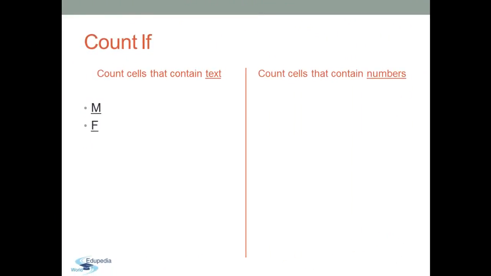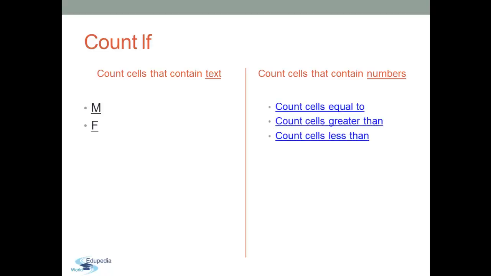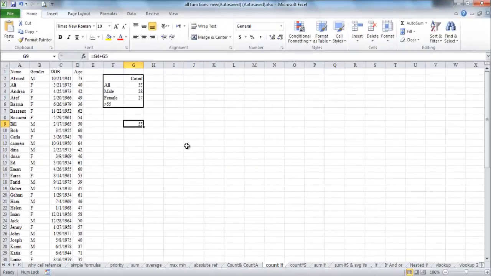For example, it can count cells equal to, greater than, or less than a specific number. So let's go back to our example and see how many persons are there whose age is greater than 55.